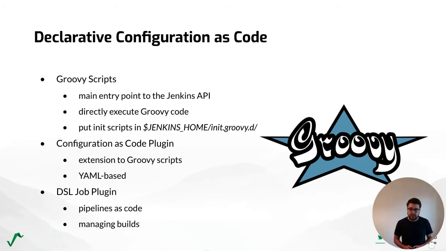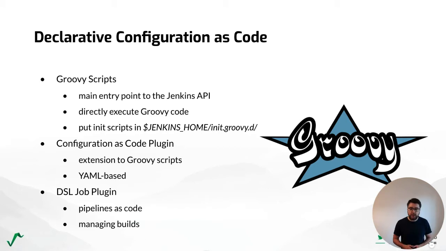And there is a really interesting mechanism called init scripts. All Groovy scripts which are located in Jenkins home init.groovy.d are executed automatically during the Jenkins startup process in alphanumerical order. So that's the core mechanism of initial configuration of Jenkins.